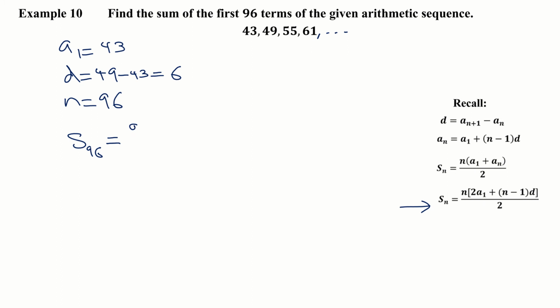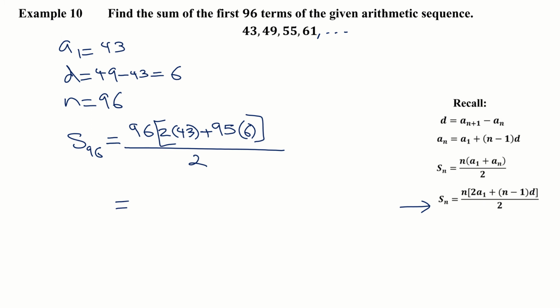So we get 96 times quantity 2a1, so 2 times 43, plus quantity 96 minus 1, which is 95, and then times d, which is 6. And then we take all of that and we divide it by 2. So all we just have to do at this point is to calculate that.